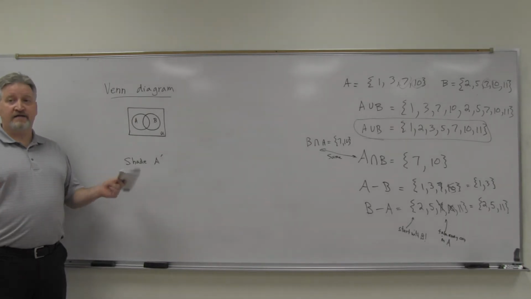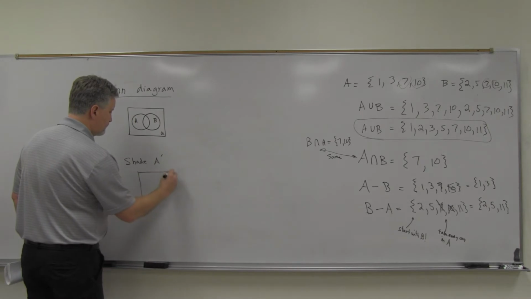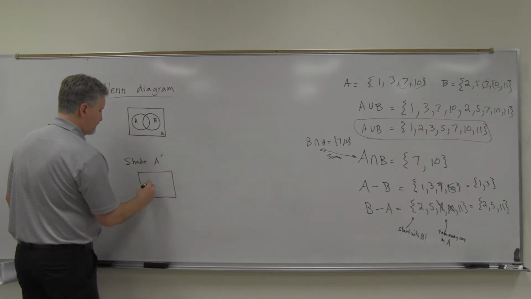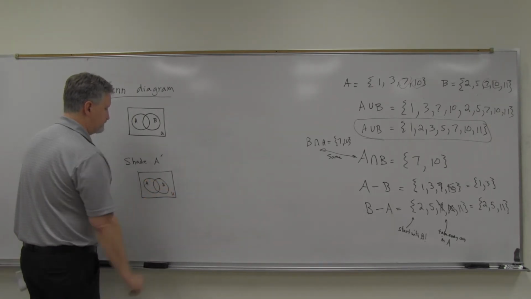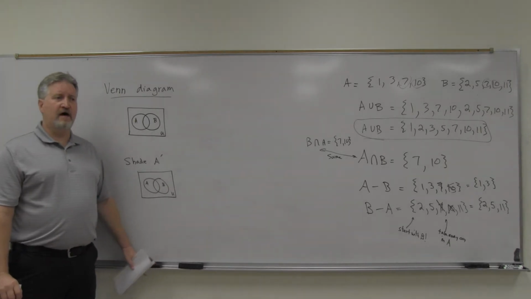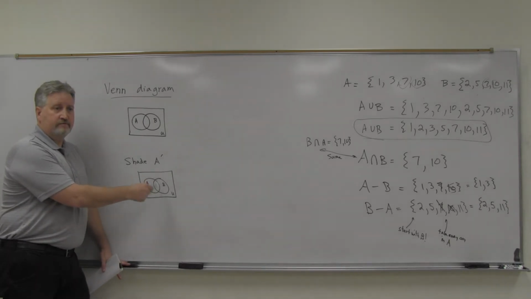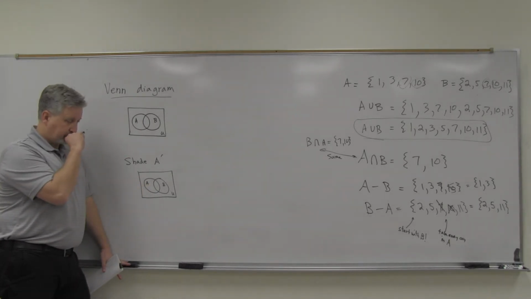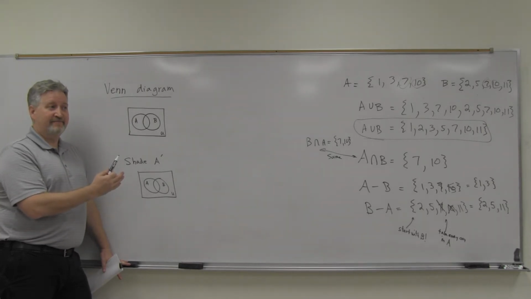It's what's not in A, right? So if I shade the set A complement here, of course A is the A circle, everything in the A. So what is A complement going to be if I shaded it?